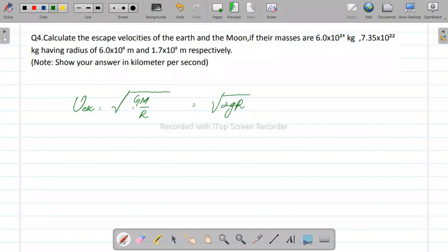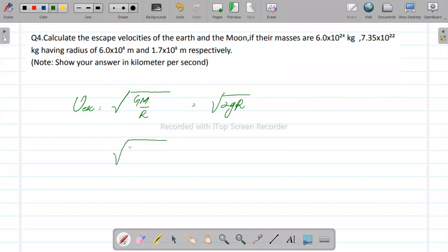It is gravitational constant, which is 6.67 exponent minus 11, and this is gravitational acceleration, which is 9.8. And this R in this case will be taken as the radius of the mentioned planet, and this M will be the mass of the planet. All you have to do is just put in these values in their standard units, and you will get the final answer.